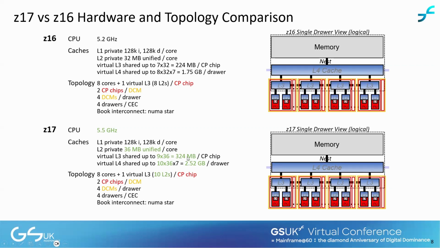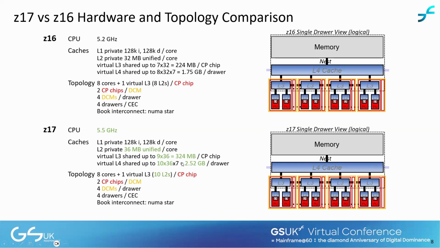And then extending that same math to the virtual level 4, instead of 8 chips times 32 megs times everybody but the owning chip, you had almost 1.75 gigabytes of shared virtual level 4 on the Z16 drawer, and now it's 10 times 36 times 7, and so now you have 2.52 gigabytes per drawer.